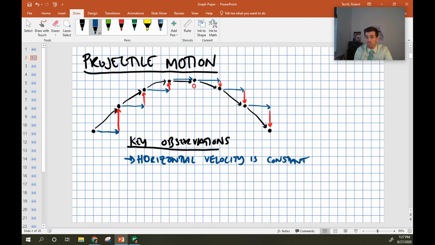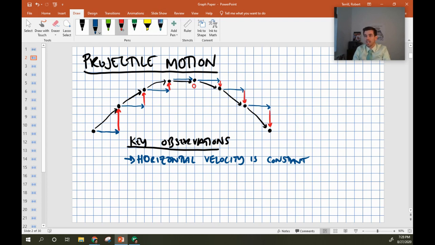That's an observation, but I can give you a bit of the explanation as well. As long as there isn't air resistance, since nothing's pushing on it horizontally, making it go faster or slowing it down, it should always keep going the exact same speed horizontally.